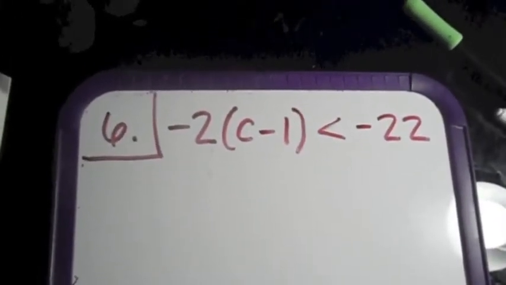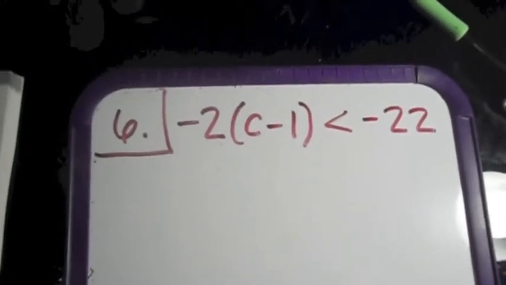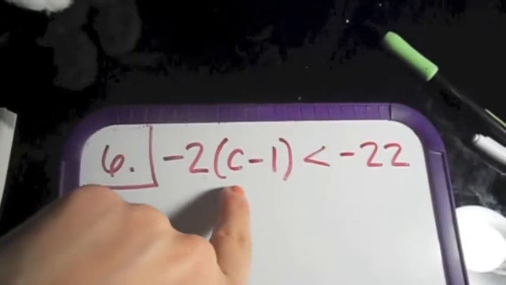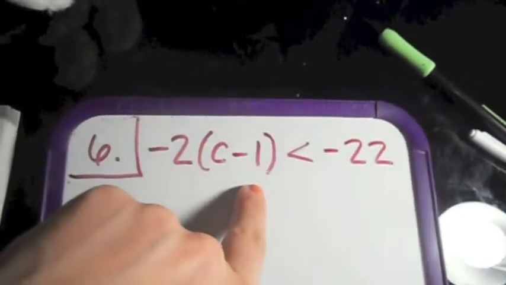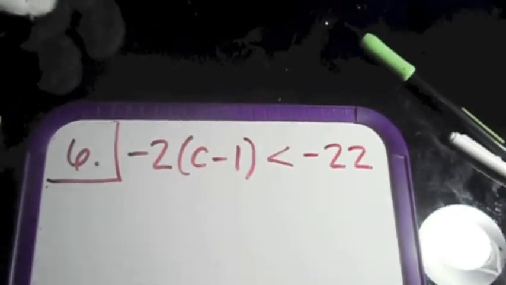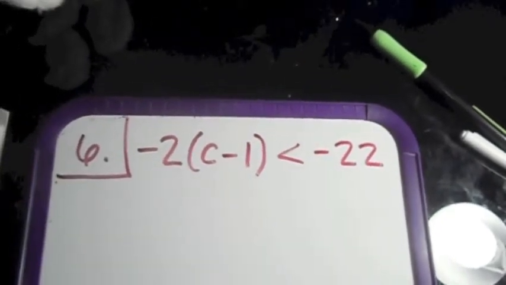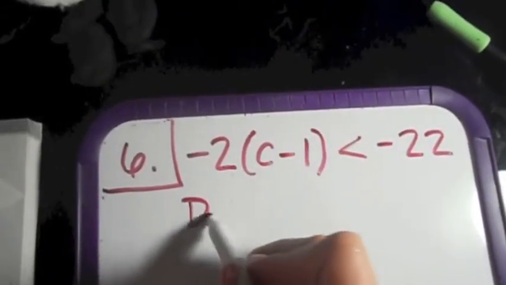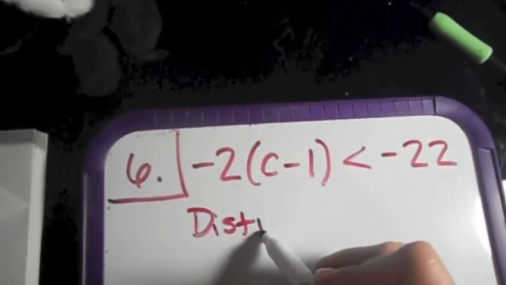Now let's look at number 6. Number 6 says negative 2 times the quantity C minus 1 is less than negative 22. This one looks similar to number 4 because we're going to have to use the distributive property.